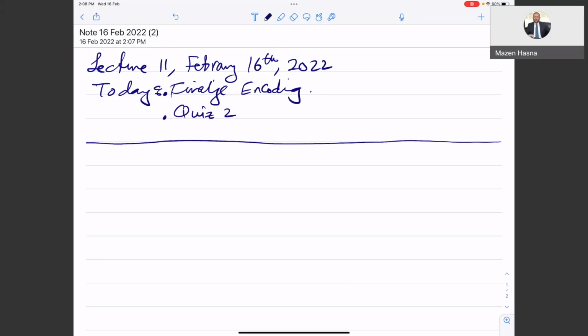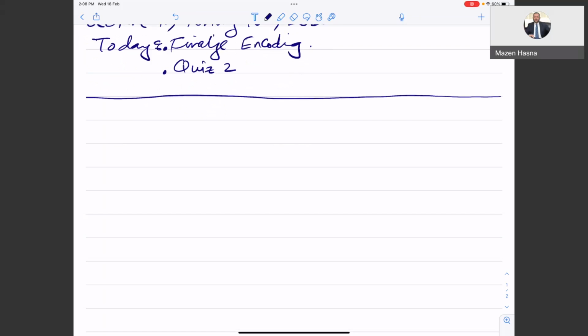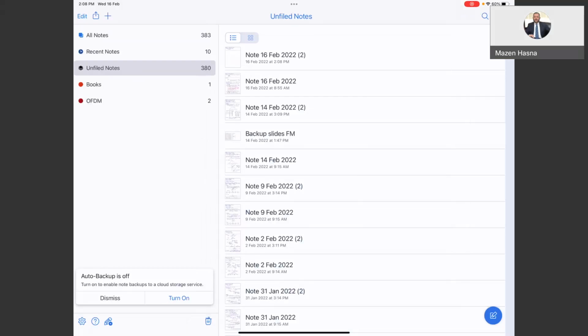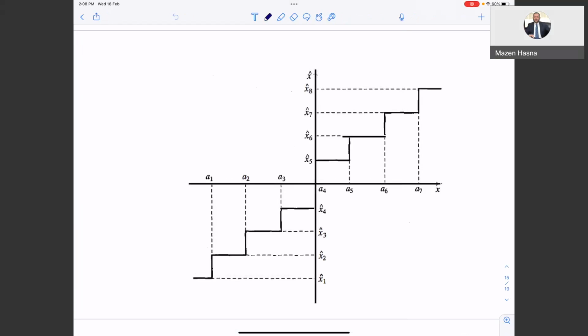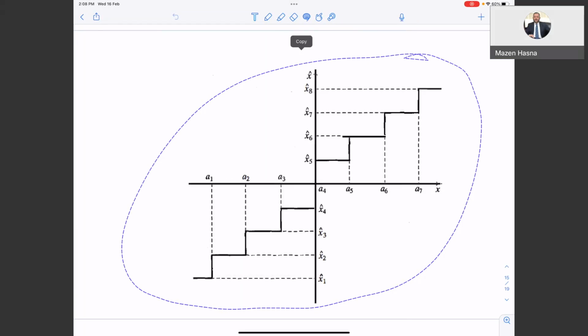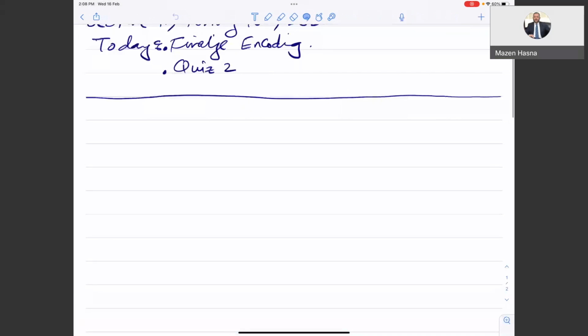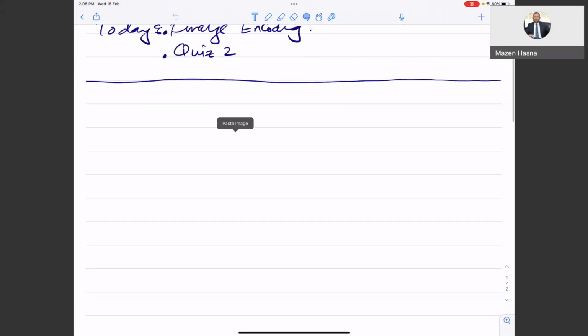Okay, so let me show this figure. Where is it? Honestly, I did not try it before. Let's try it. So this is the quantizer we are talking about.